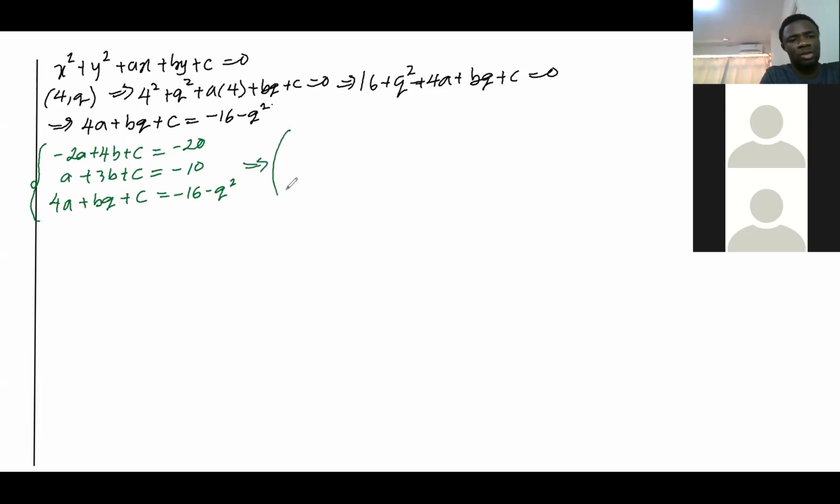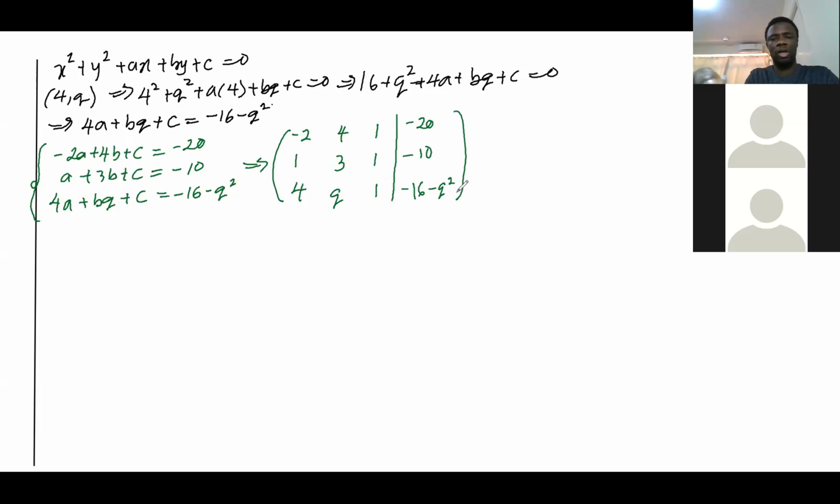Now in augmented matrix form, we're going to have to flip row 1 and row 2.